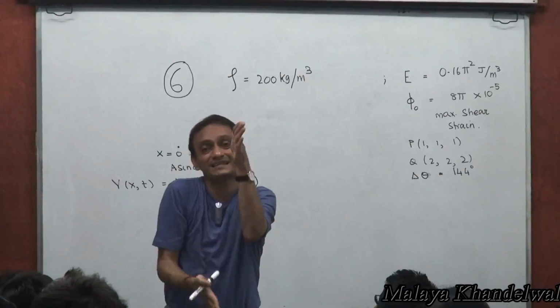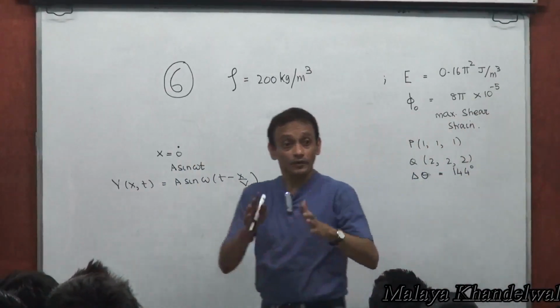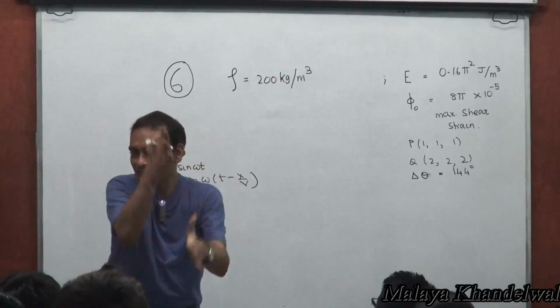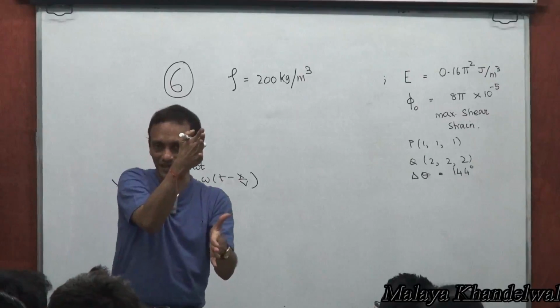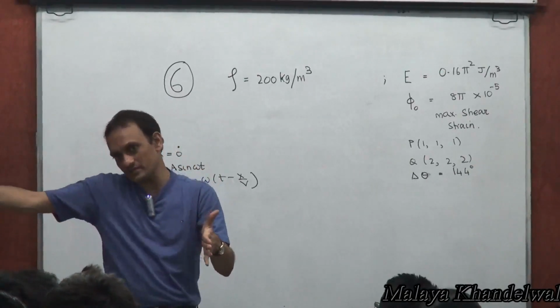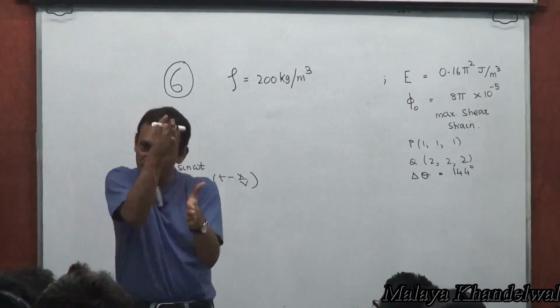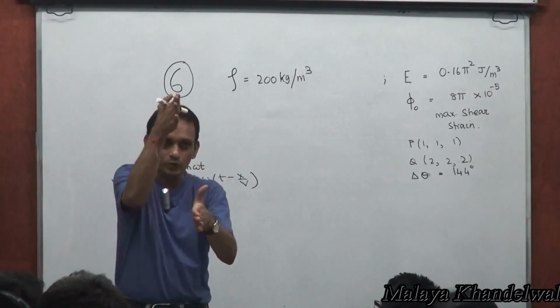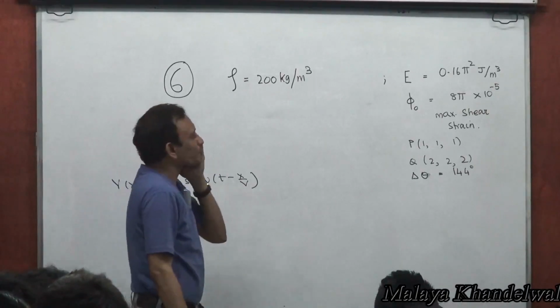We say the medium gets sheared. You know what I'm saying? The displacements of the particles are like this, and the wave motion is traveling like this, and the particles get displaced this way, causing the medium to get sheared, right?